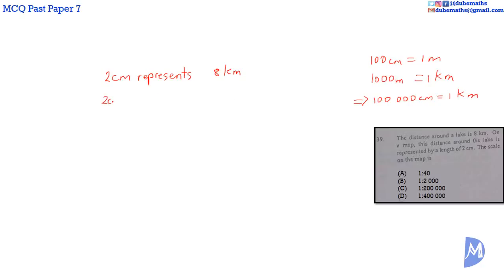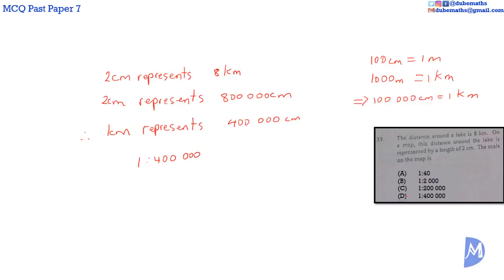So 2 centimeters represents 800,000 centimeters. Therefore, 1 centimeter represents, 2 centimeters divided by 2 is 1, so 800,000 centimeters divided by 2 is 400,000. In the same units, we have a scale of 1 to 400,000. The answer is D.